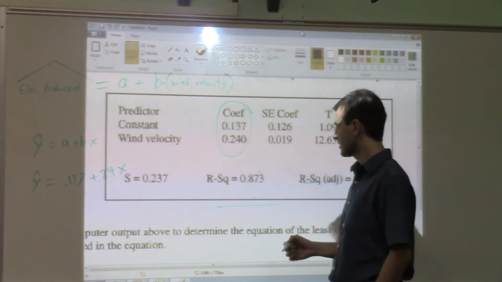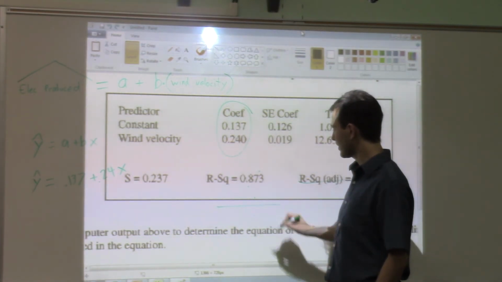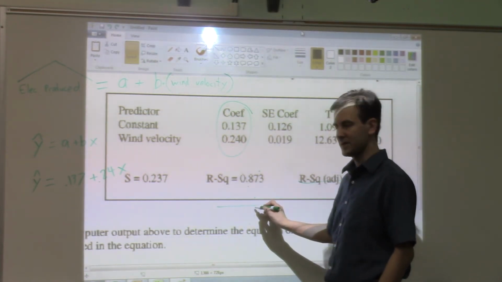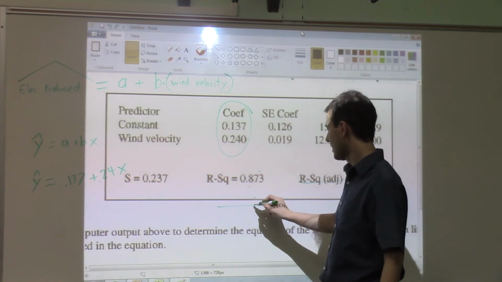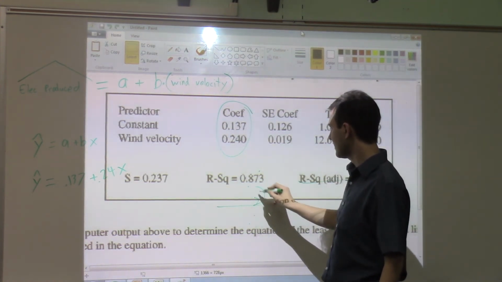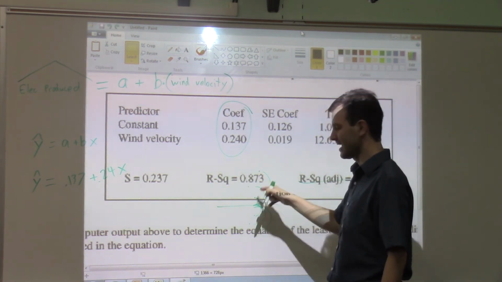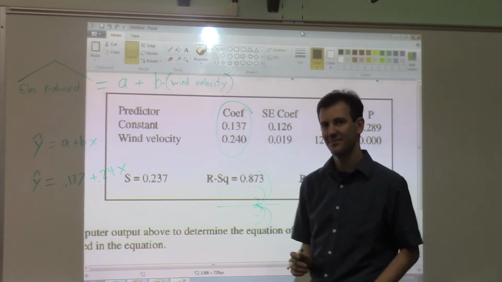So the standard deviation of the residuals is the typical distance from the mean, and the mean residual is 0, because you have above and you have below. By finding the standard deviation, the standard distance from the line, you can think of S as the standard distance from the line.